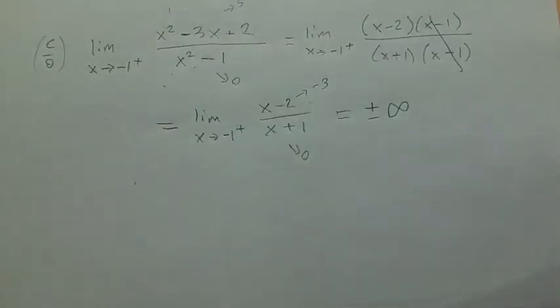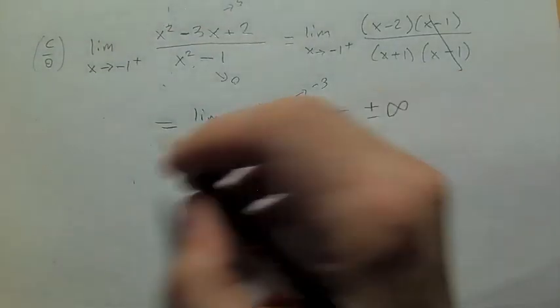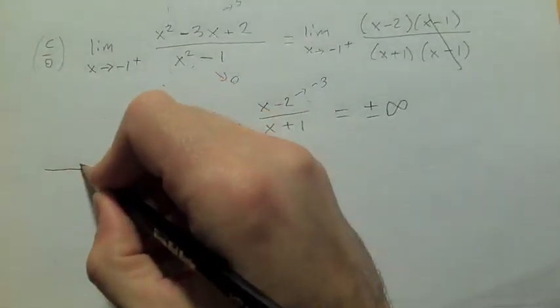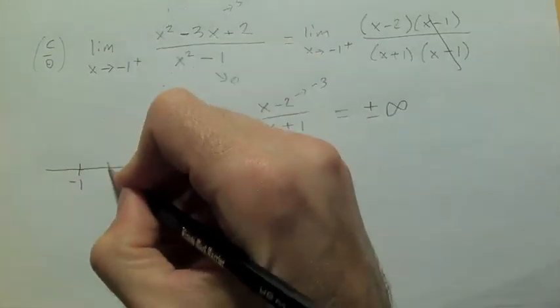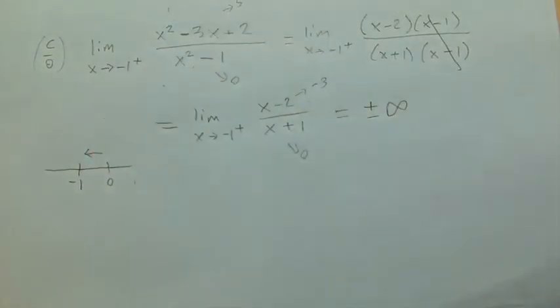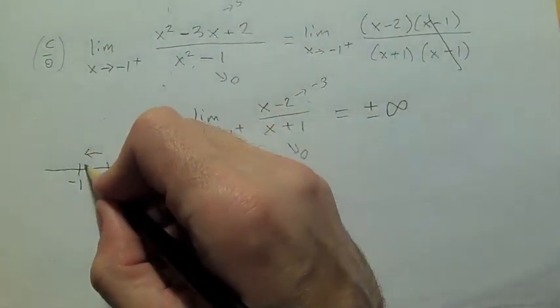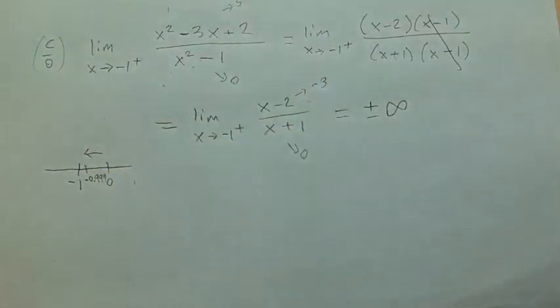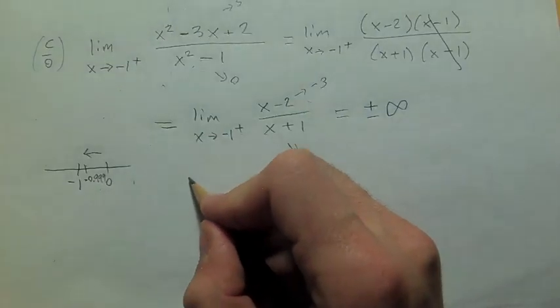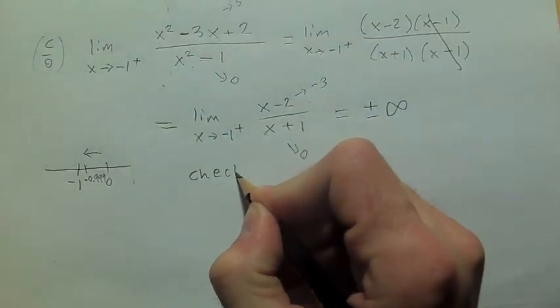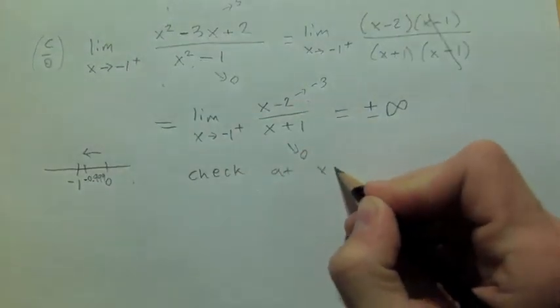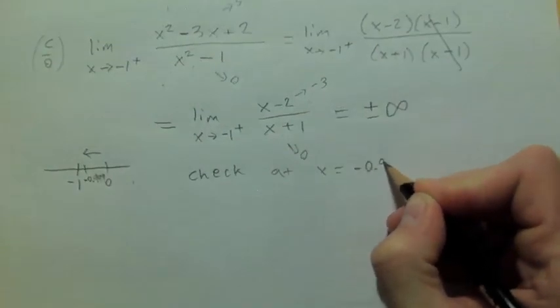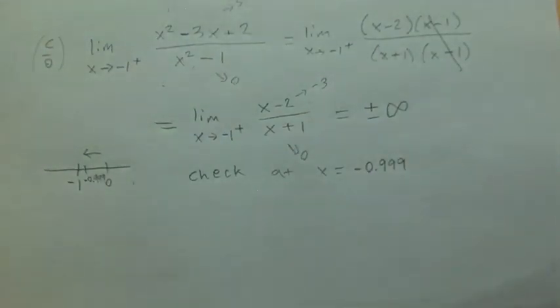Okay? So we have the two ways to go about doing this. Negative 1 from the right, meaning from the positive side. So that's going to be things like negative 0.999. So let's check at x equals negative 0.999.